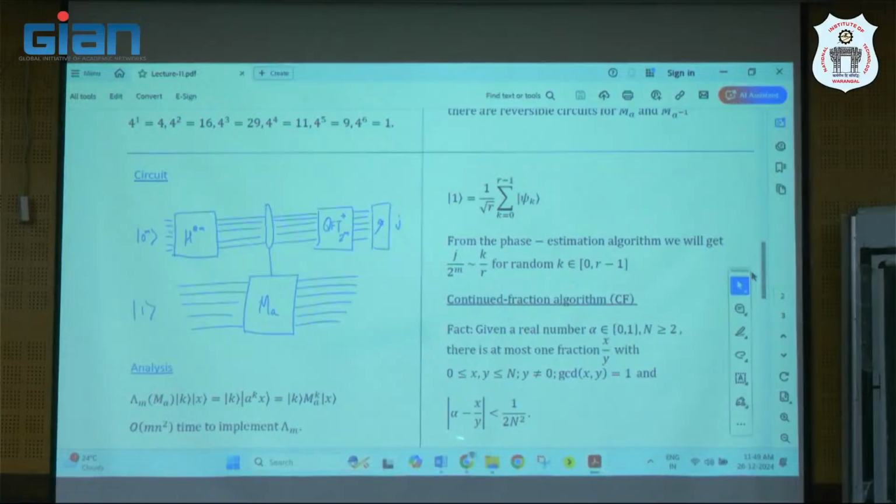And in that case, how near is it to alpha? 1 over 2n squared. Correct? This is a fact. This also we can prove in the tutorial. However, given this, the point is the following.